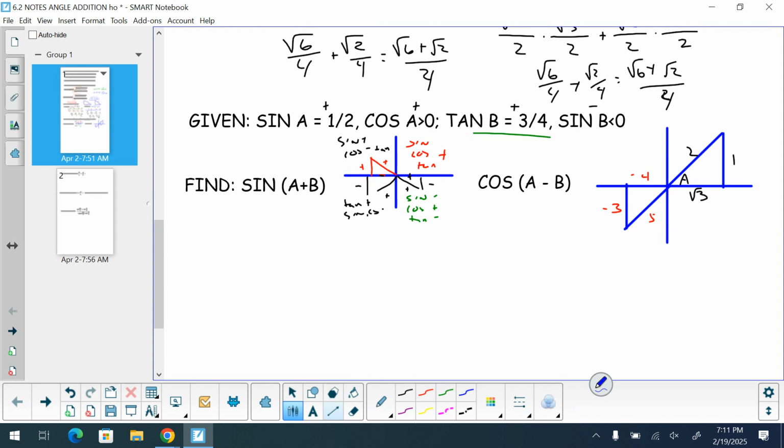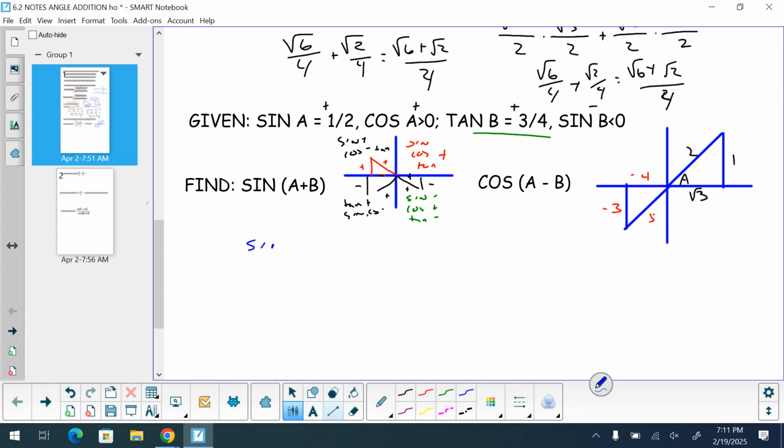Sine of A plus B, try to expand it out without looking up top. Sine, cosine, cosine, sine, one of each. Sine, cosine, cosine, sine. And our positive stays with us.